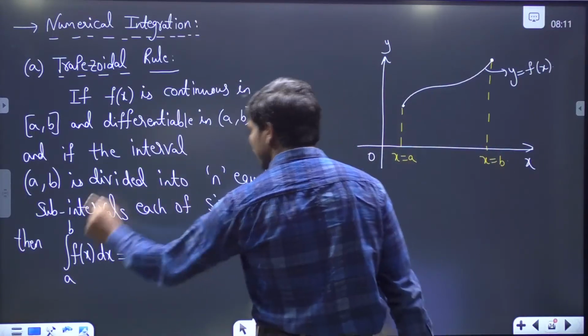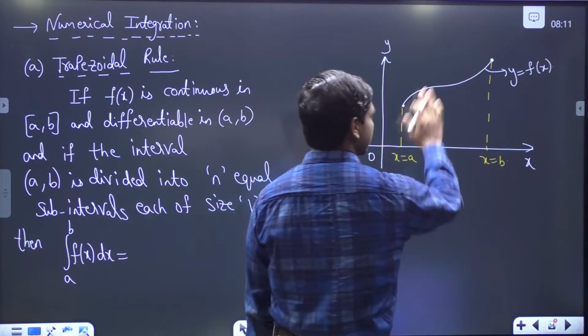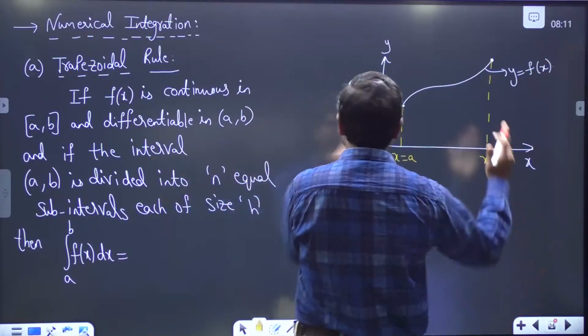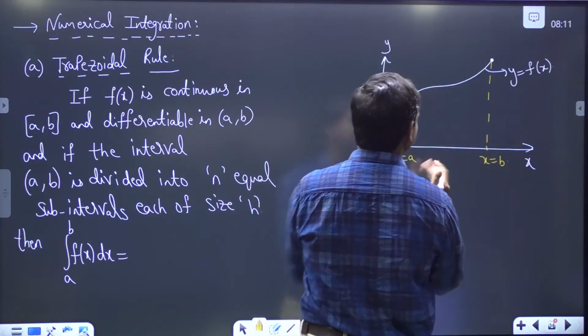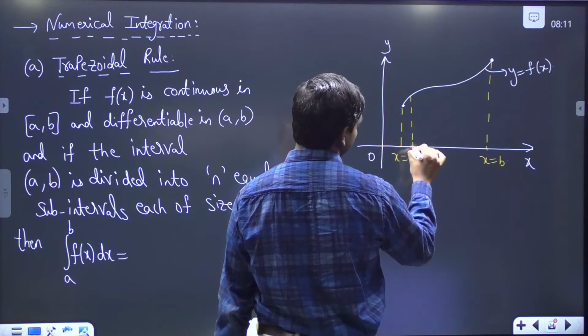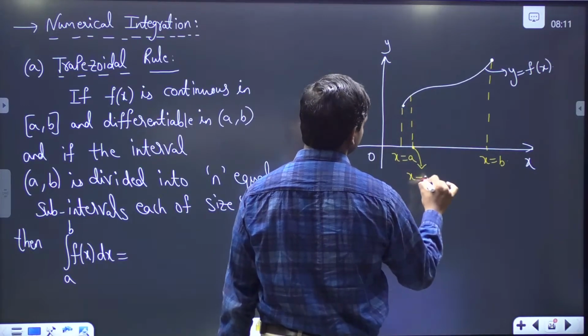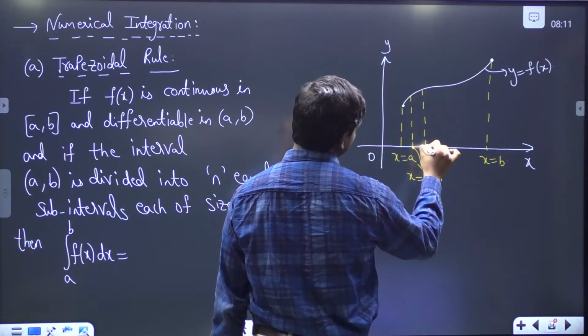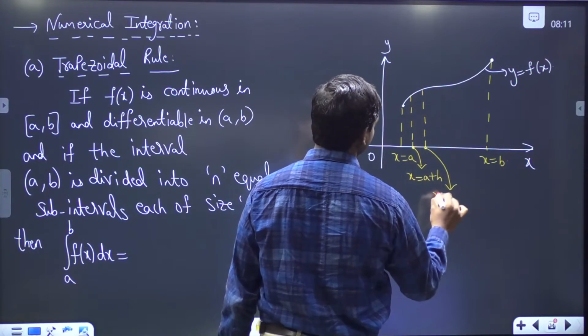Now, this value, the integral a to b f of x dx, is the same as this bounded area, correct? First of all, we are splitting this a comma b interval into n subintervals. If you write this, then this is x is equal to a plus h. If you split one more, this is x is equal to a plus 2h.